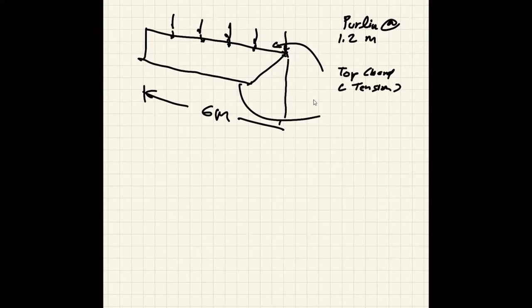And your bottom chord is going to be under compression. Okay, you know, I have drawn a slightly slant truss like this, because on top it has to be 6, but this one you can just bring it down here. It doesn't have to go out to support the end.